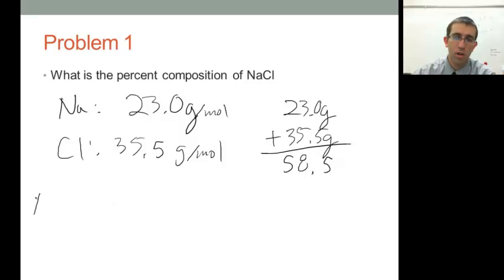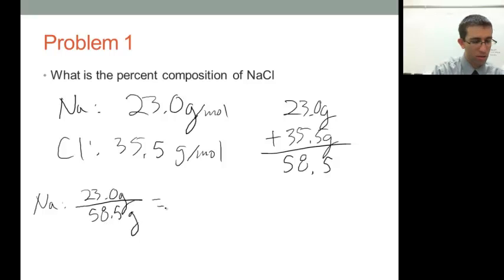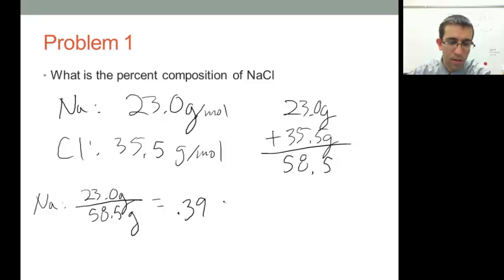So for sodium, you take 23.0 grams, and we're going to divide it by the total, which was 58.5. So 23.0 divided by 58.5, and my number comes out to be 0.393.